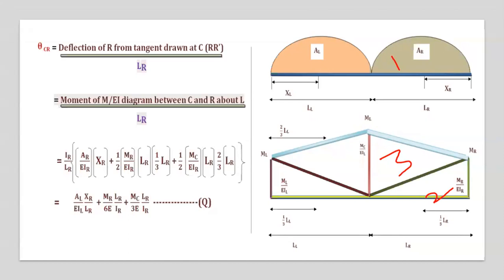Take the third one, half into MC by EIR into LR into 2/3 of LR. If we modify: AR XR by EIR LR plus MR LR by 6EIR plus MC LR by 3EIR. Now we have the P equation and Q equation. Substitute these two equations in the compatibility: theta CL plus theta CR equals 0.